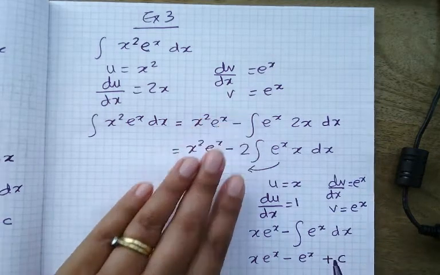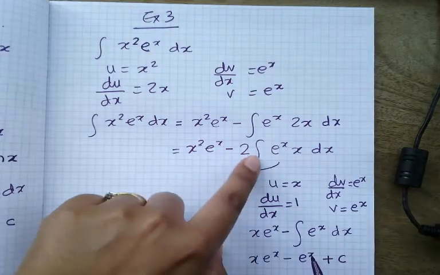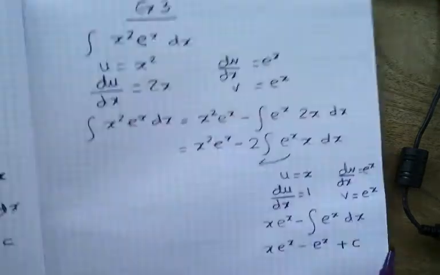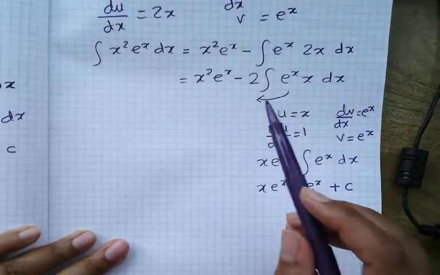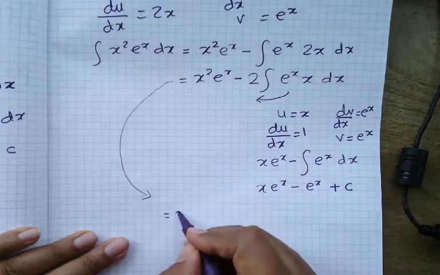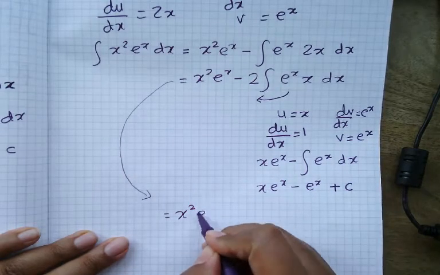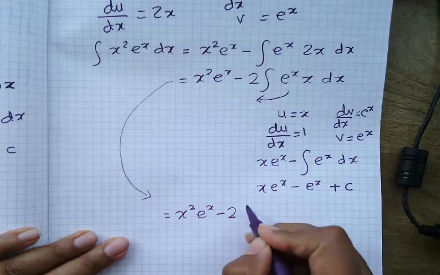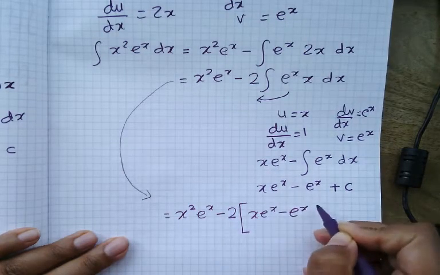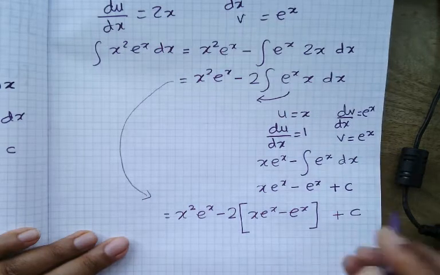Okay, and what I now have to do is I've got to plug this in there. Alright, so I'm going to go back here. Okay, and I will now have x squared e^x minus 2 (x e^x minus e^x), okay, and plus c.